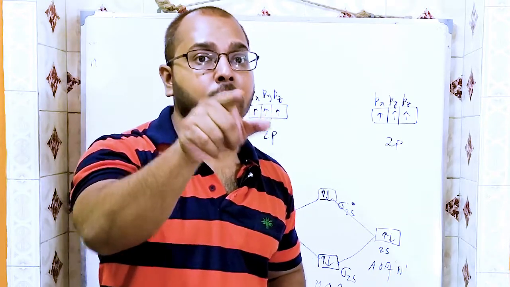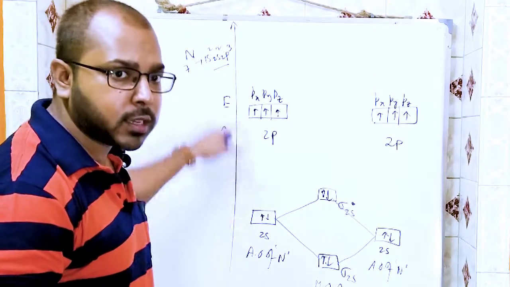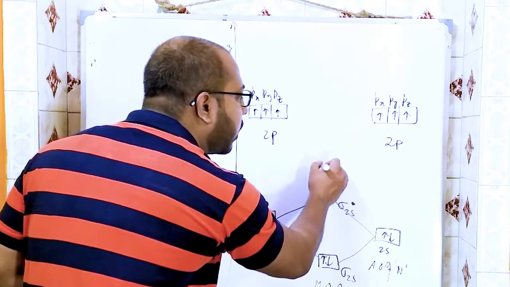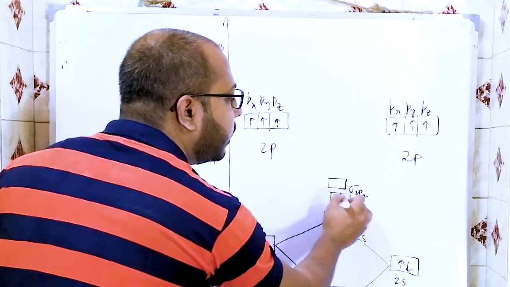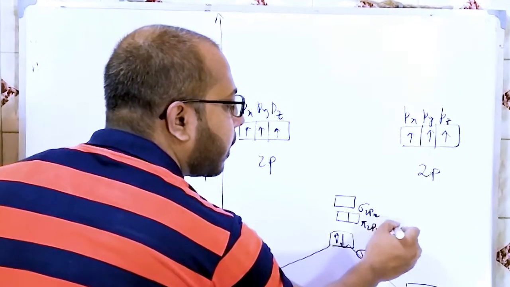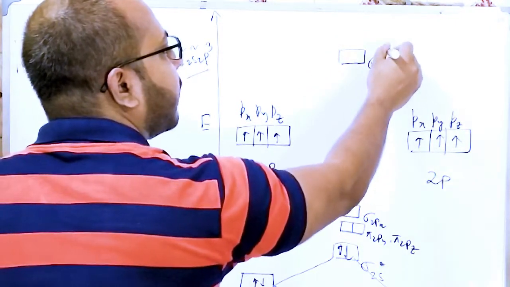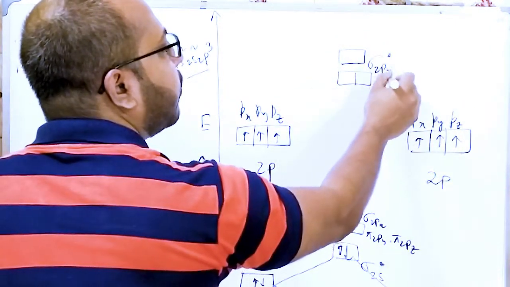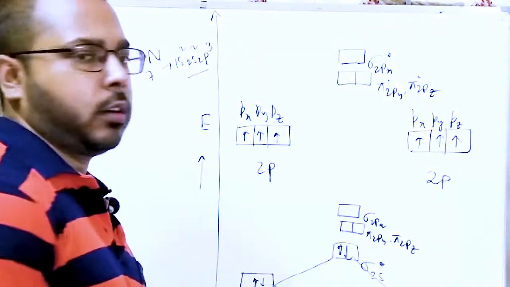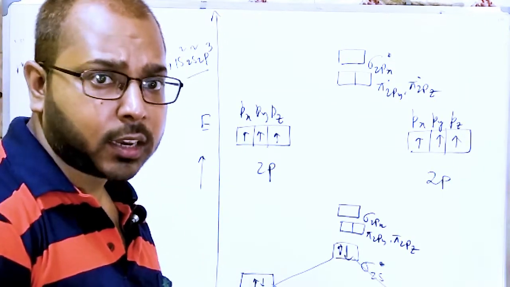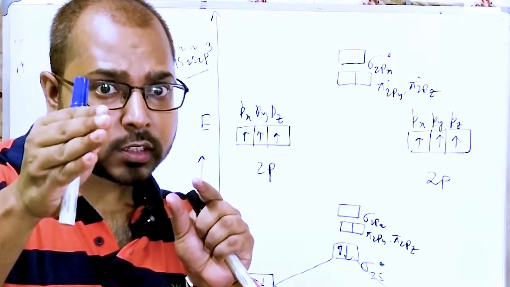But remember, due to the short distance and sp mixing, this sigma will be higher and pi will be lower. But anti-bonding will not be affected. As simple as that.